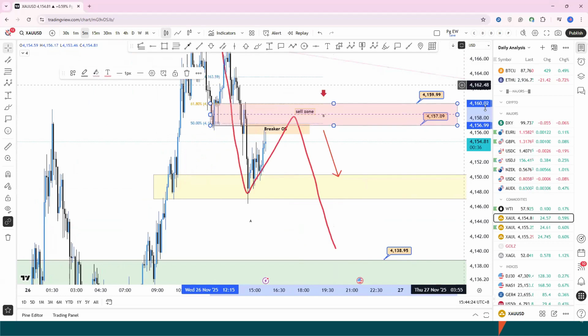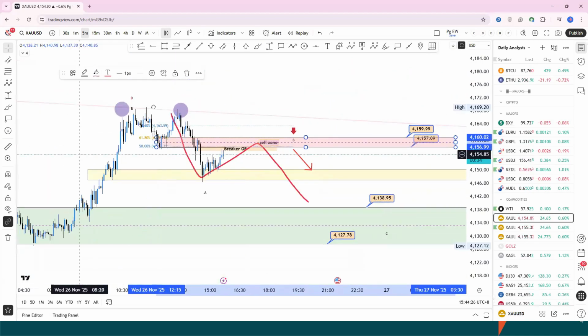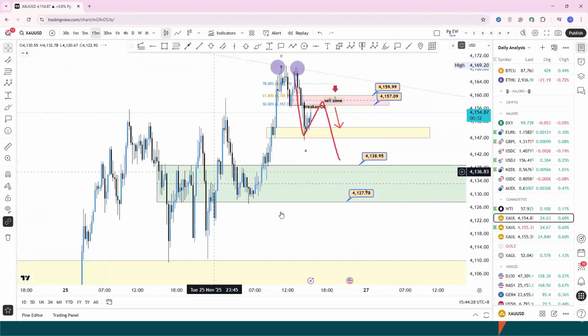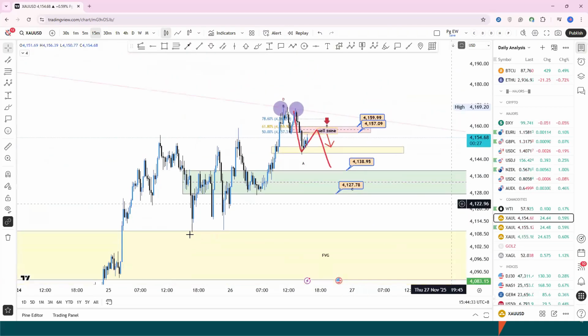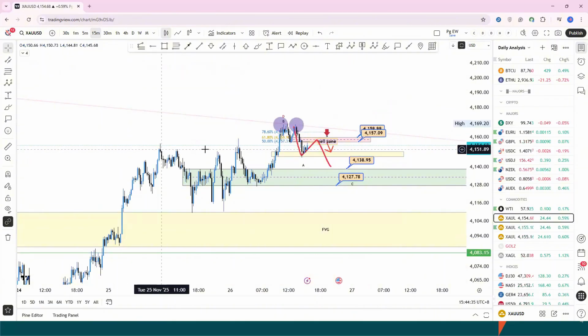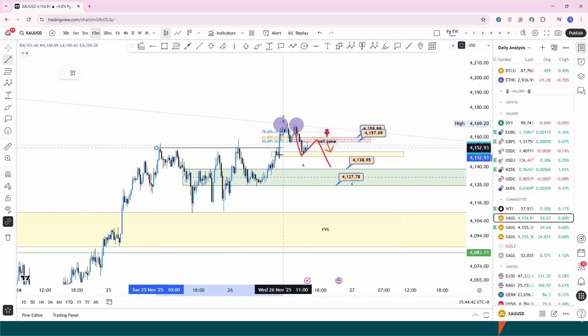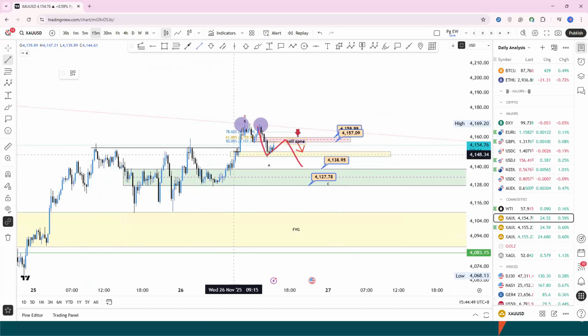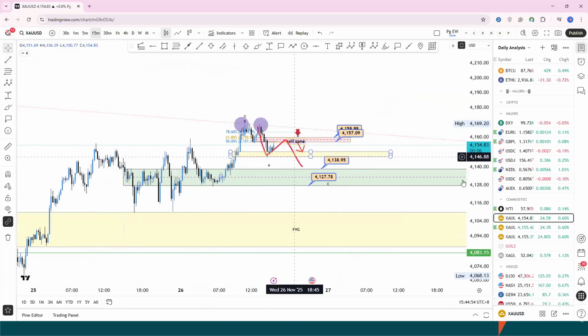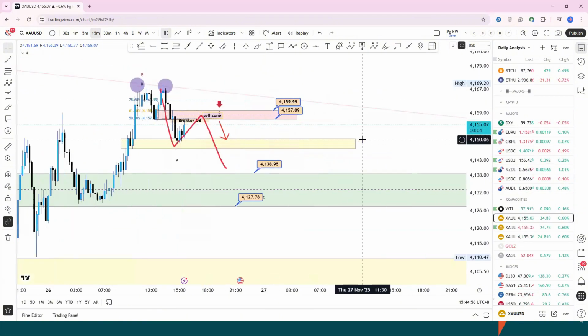Okay, so you on the sideways here today, huh? Before they break. That's why we use it. You have the demand here. That's the reason why I pick this level. Okay, we're gonna wait.